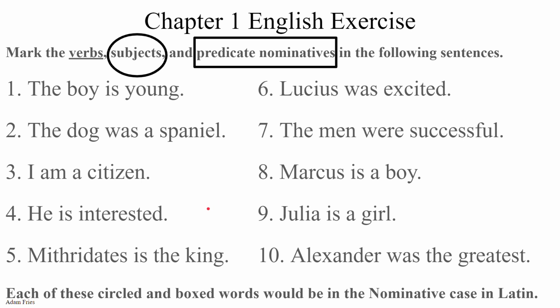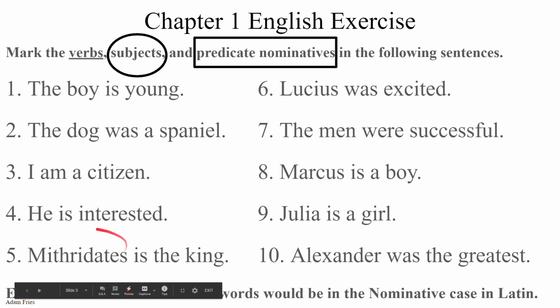Sentence 5, Mithridates is the king. How unfortunate. Go ahead and put a circle around Mithridates as the subject, underline is, and then put a box around king, the predicate nominative, giving more information about the subject, Mithridates.